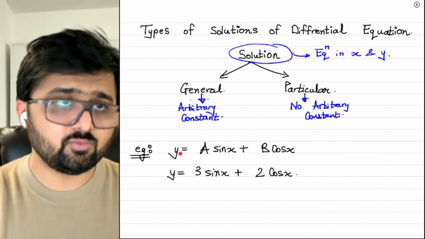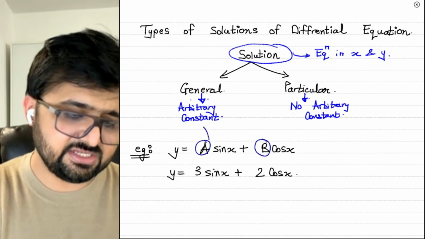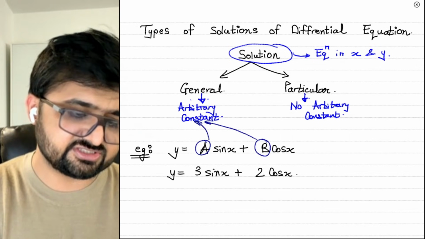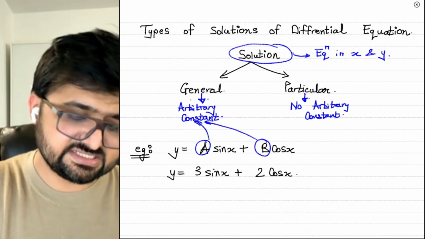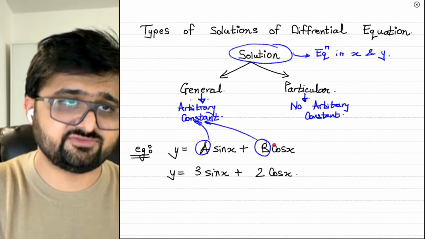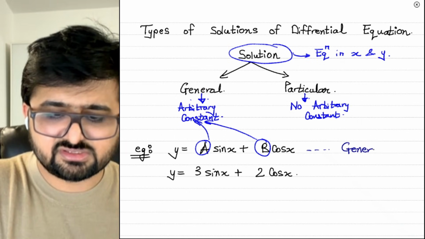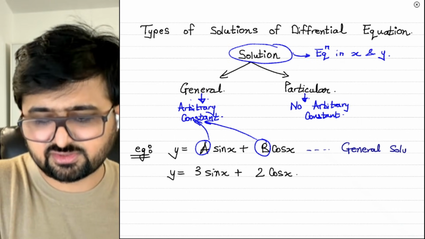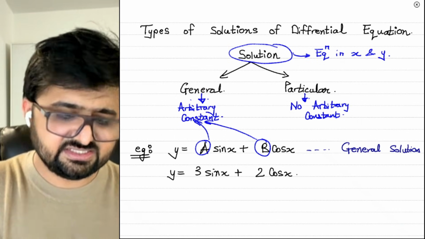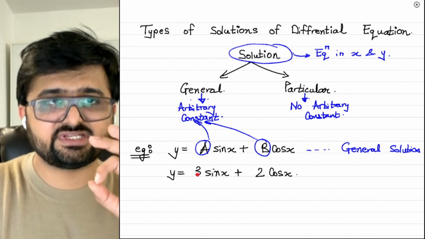Let's take an example. y is equal to a sine x plus b cos x, where a and b are nothing but arbitrary constants. So this solution, which is an equation in x and y, is a general solution. Versus here, I don't have a and b. I just have fixed constants, I have 3 and I have 2.